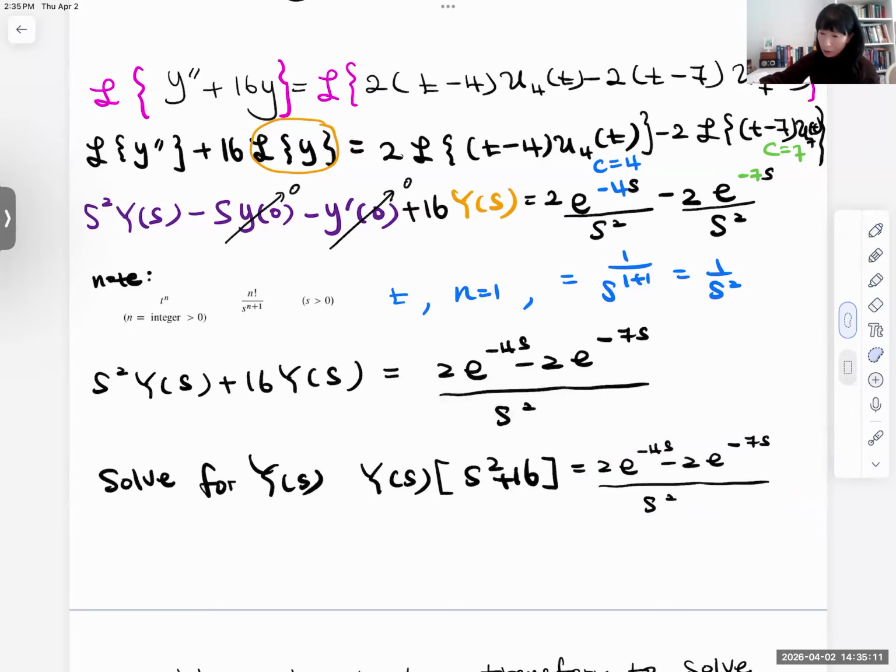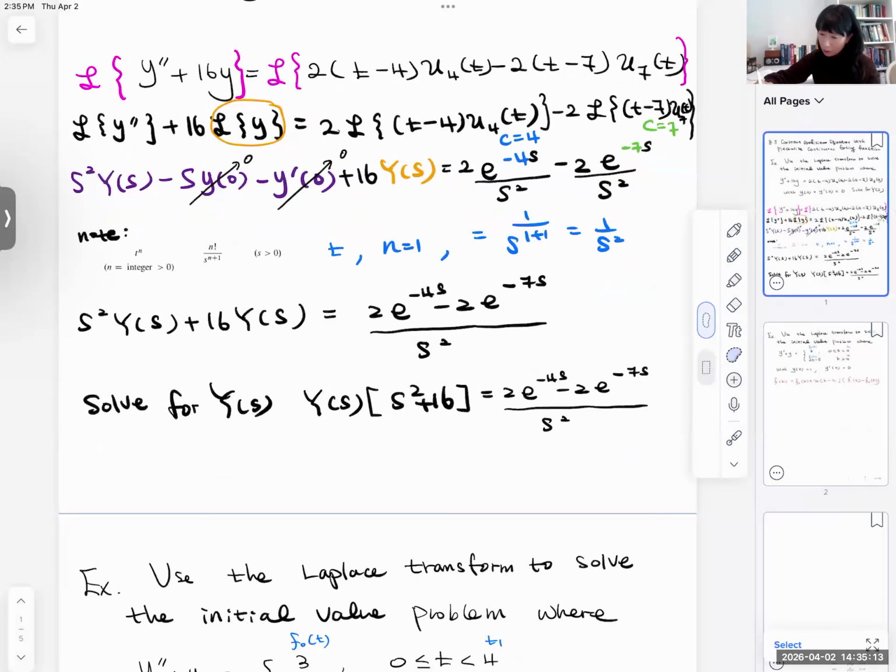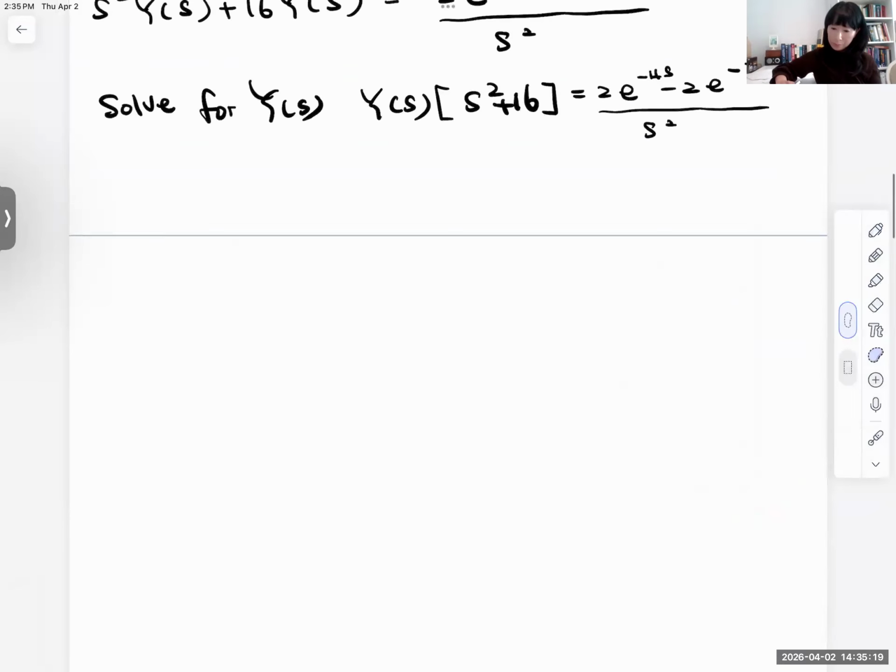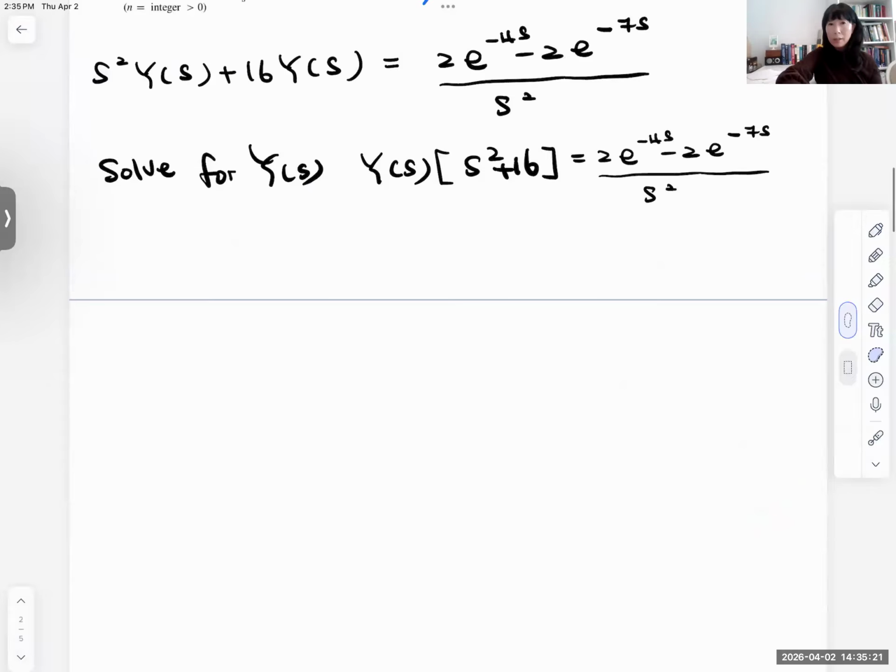Then solve for Y of s. That's the question. So we divide both sides by s squared plus 16.